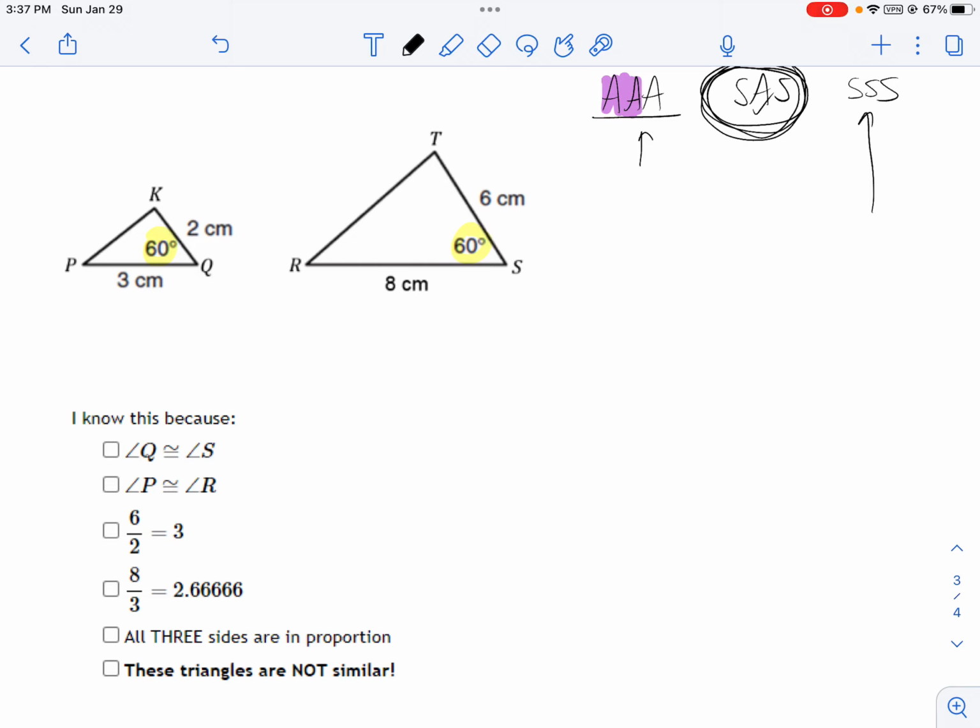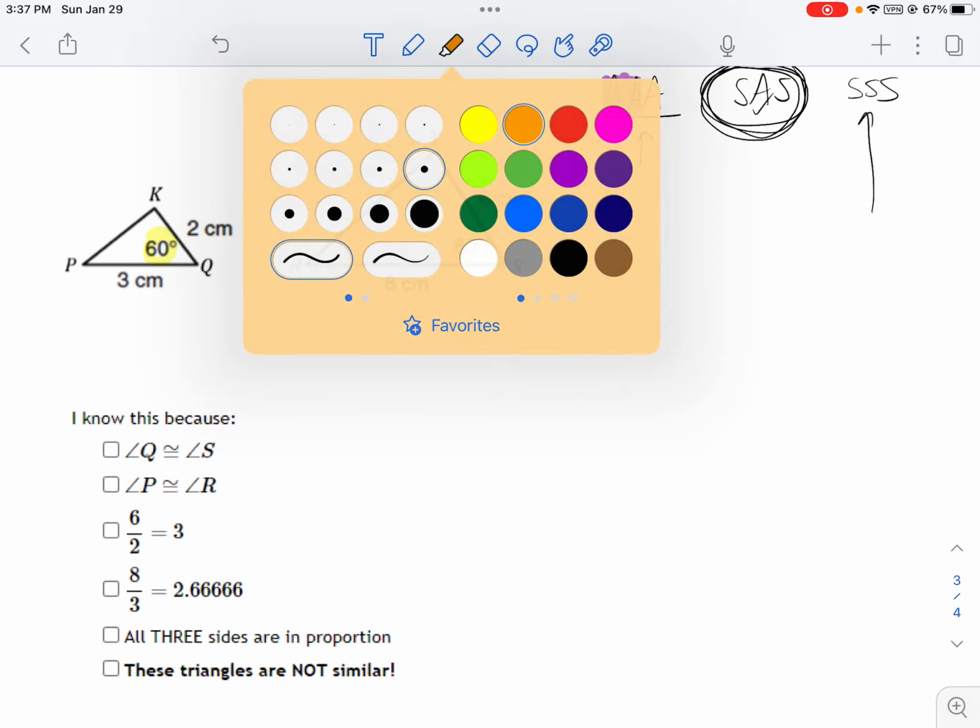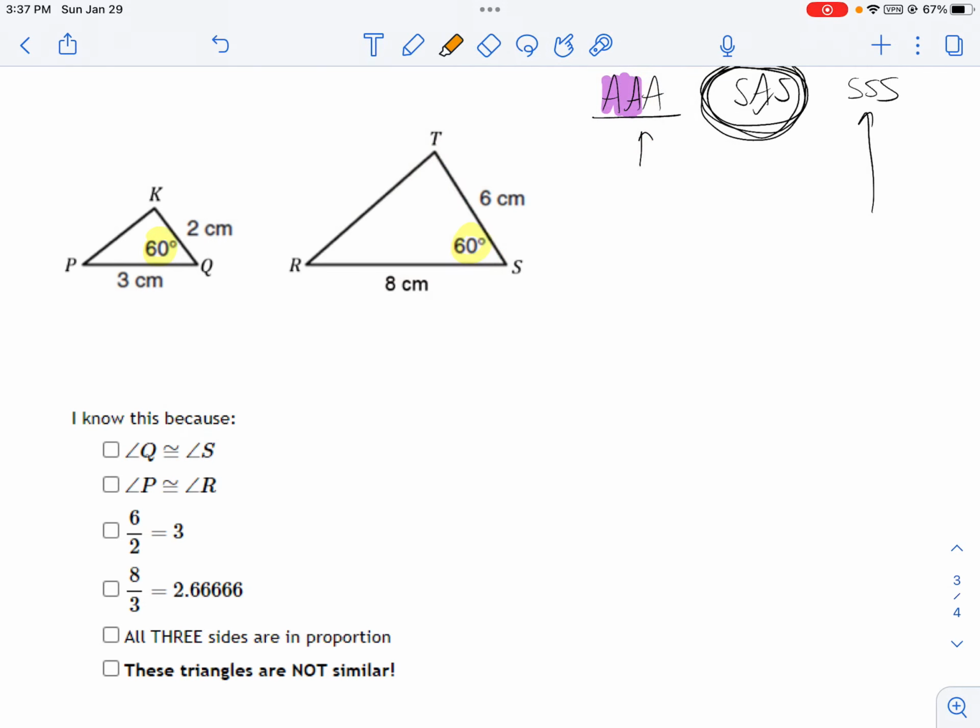Well, let's double check that. In order to do proportions, you have to identify the larger sides and the smaller sides. Between these two numbers, 8 is the larger one. In your other triangle, between the two, 3 is the larger one. So that means we would do 8 divided by 3, or you could do 3 divided by 8. It's an either or statement, but as soon as you pick one, be consistent.